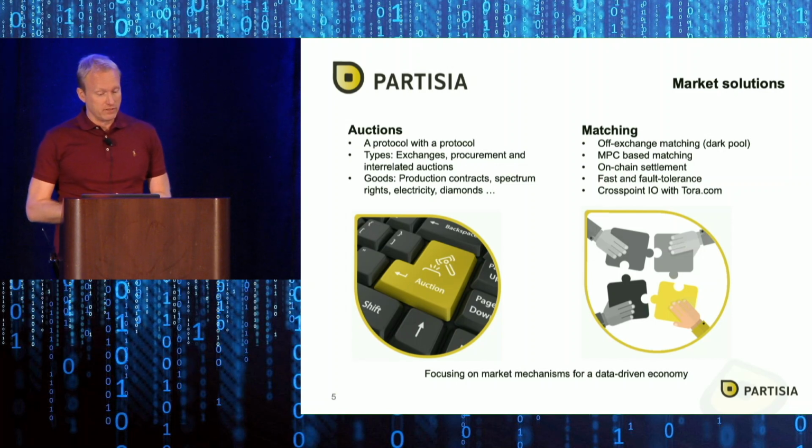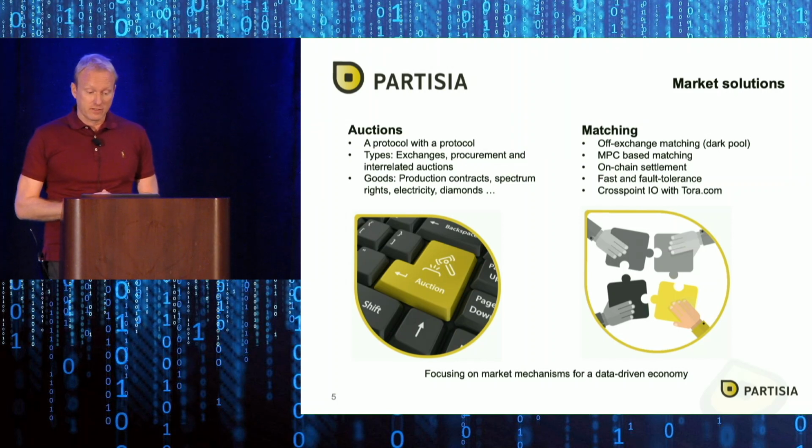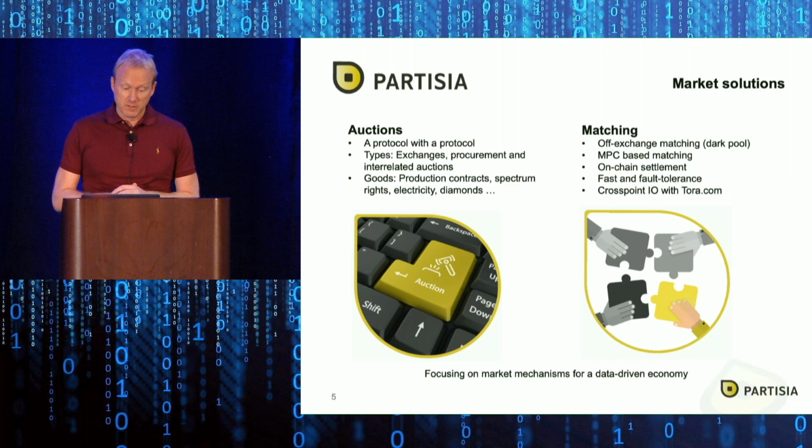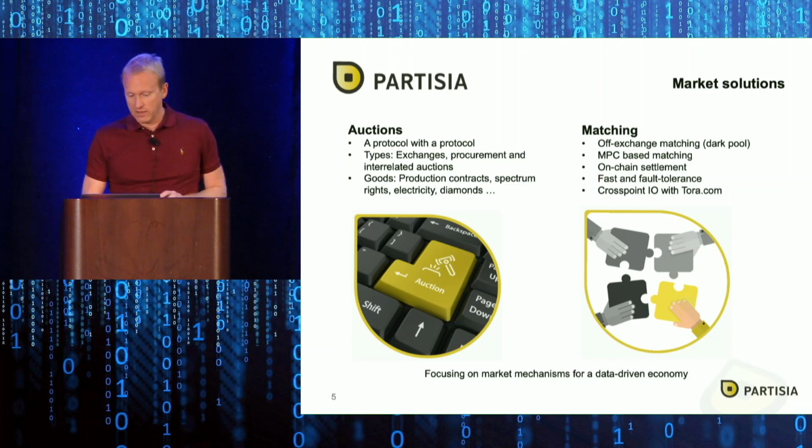And that's what we have been doing, selling various commodities like spectrum rights used for telecommunication, rough diamonds, working on a high-stake auction for rough diamonds, working on electricity auctions. So it solved a problem in that space.